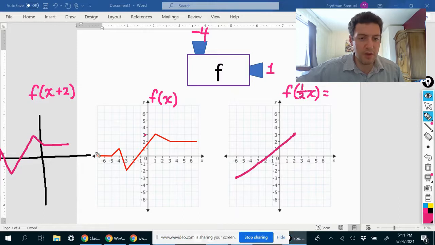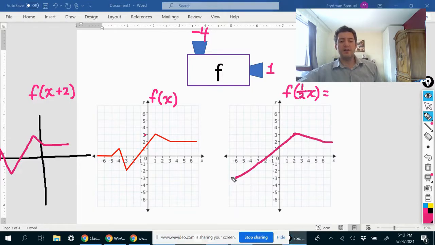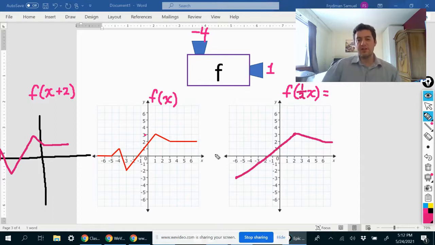So I'm not going to draw this part over here. Let's see, this point was at 3. Now it's going to be at 6. Okay, so something like that. So this guy is going half as fast as this guy over here. So it takes him longer to finish everything. That's the analogy that I like to use.